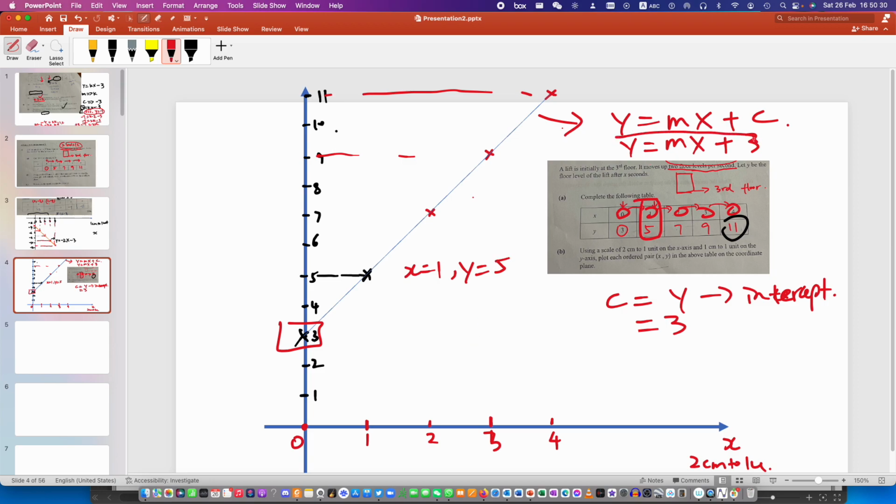So given this, my y equals to mx plus c. Alright, how do I get the plus 3? I get from the y-intercept. Right? So how do I get the m? I put my 1 into it. My y is supposed to be 5. So how do I get my m?